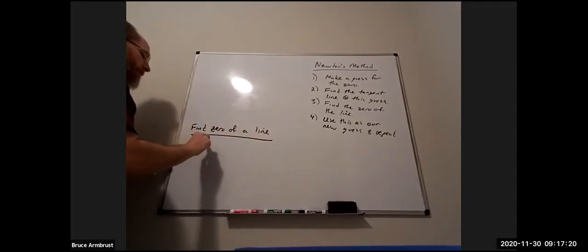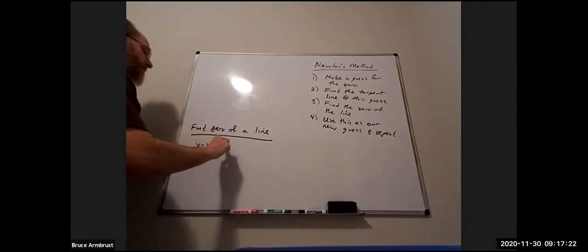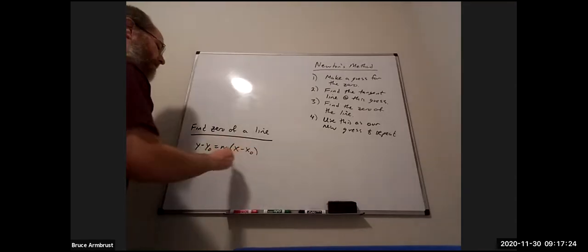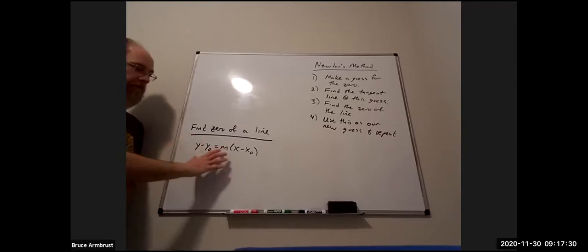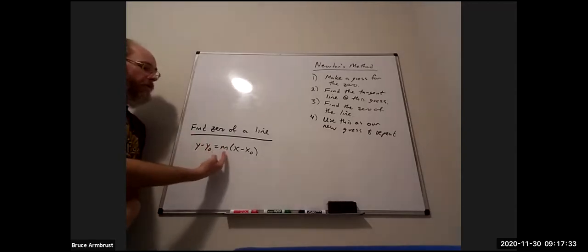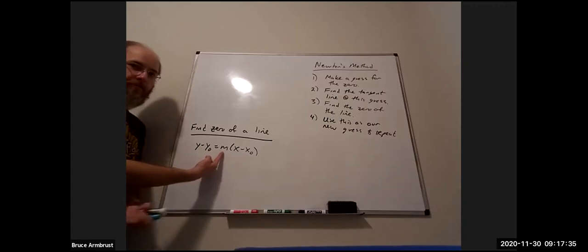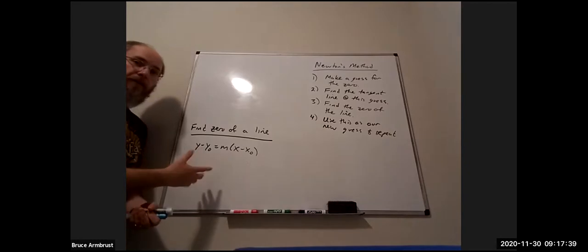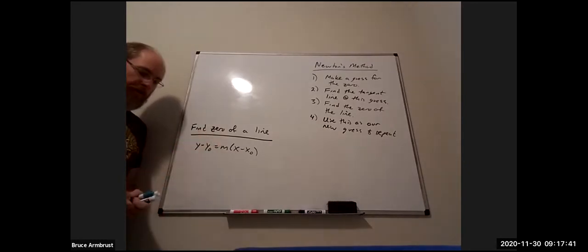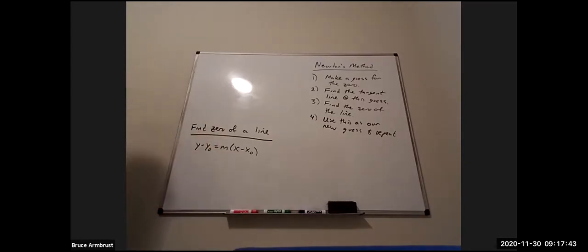I'm going to start with it in the form y minus y naught equals m times x minus x naught, because this is the form we're going to be using. We get the slope from the derivative, and we're going to have a point from our guess. So this is the form we're going to use. So here is a line.